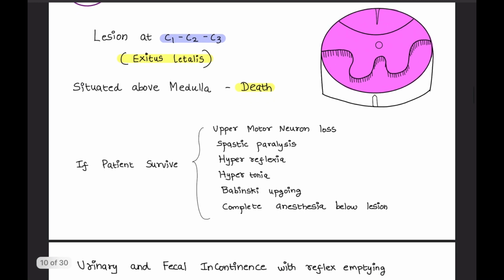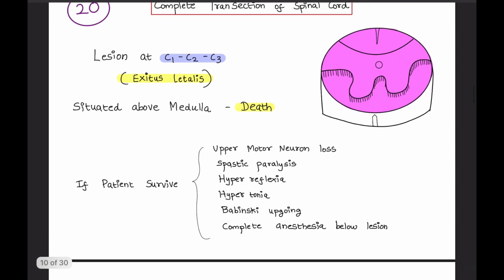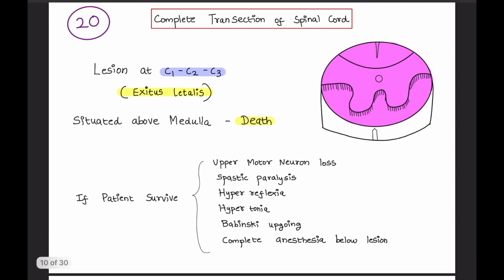In case the patient survives, the patient will have upper motor neuron loss, spastic paralysis, hyperreflexia, hypertonia, Babinski sign which is upgoing, and complete anesthesia below the lesion.